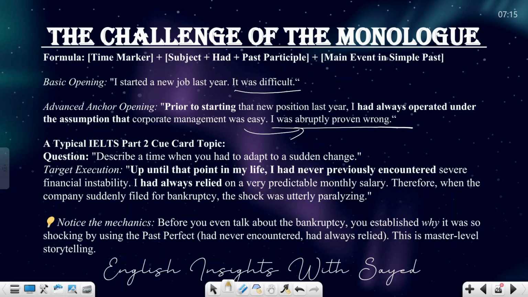Okay. So you could notice the mechanism here. Before you even talk about the bankruptcy, you established why it was so shocking by using the past perfect. That you had never encountered this sort of unpredictable financial status. You had always relied, you had never encountered earlier. So that's why it's shocking, it's paralyzing.